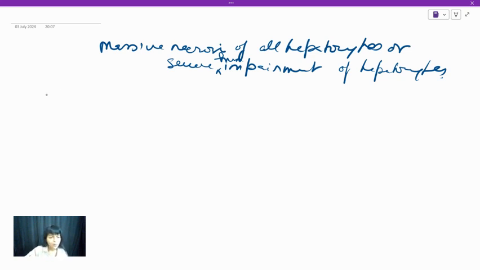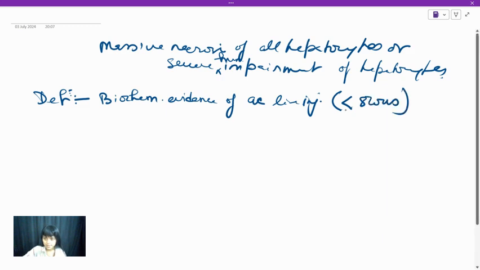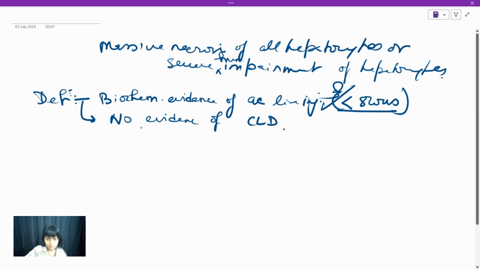Well, so what is the definition? As the name suggests, acute liver failure means there will be biochemical evidence of acute liver injury, right? And by acute, you mean the duration is below 8 weeks. Clear? Along with that, biochemical evidence of acute liver injury and no evidence of chronic liver disease.